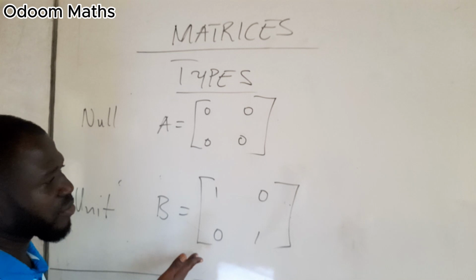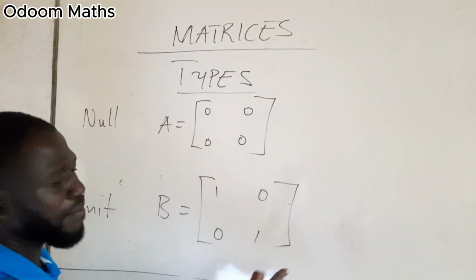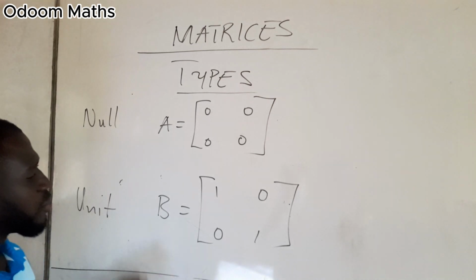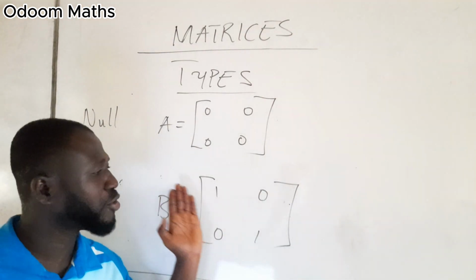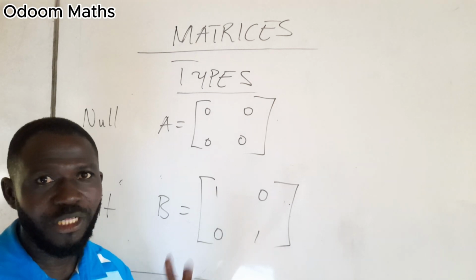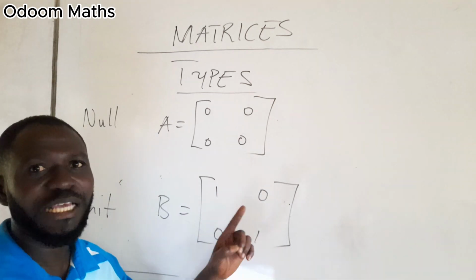A matrix of this nature has the elements of the major diagonal all 1, 1, and those of the minor diagonal 0, 0.